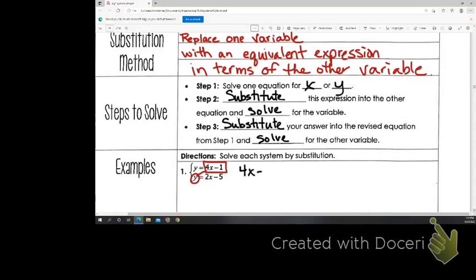Or for instance, if I said, I am as tall as Nisa, and then I also said, I am as tall as Amanda, then you know that Nisa and Amanda also must be the same height. So if y is equal to this stuff, and y is also equal to this other expression, those two expressions are equal to each other.